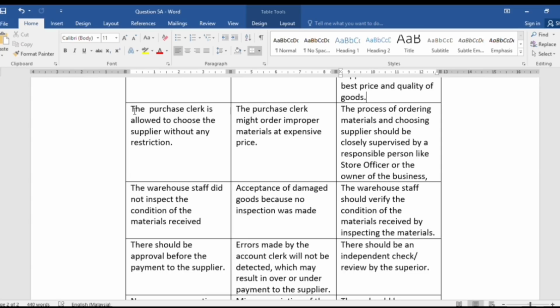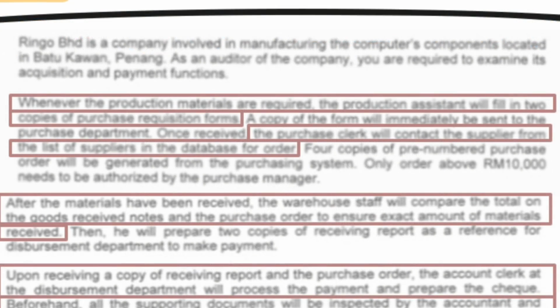The next weakness is the purchase clerk is allowed to choose the supplier without any restriction. This weakness came from the second line: the purchase clerk will contact the supplier from the list of suppliers in the database for order.